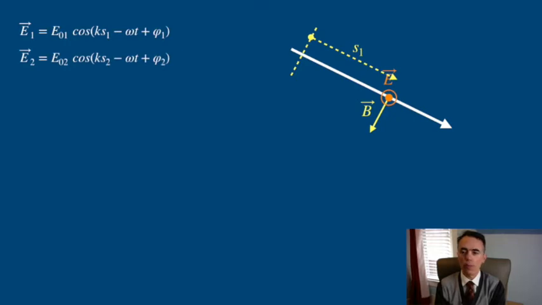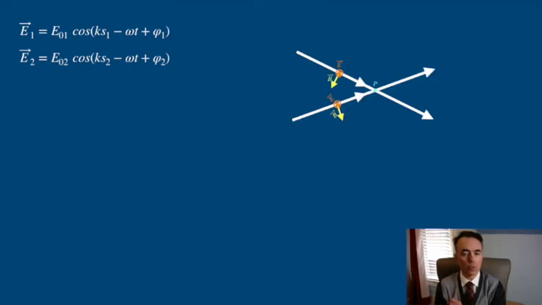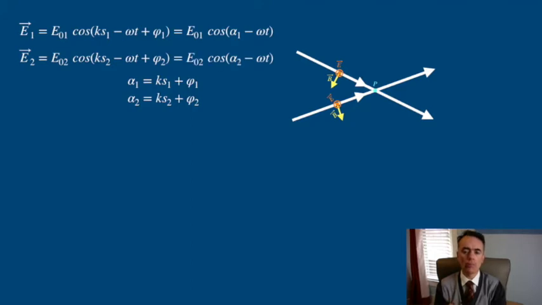The same for the second wave, E2 equals E02 cosine of (k s2 minus omega t plus phi2). To simplify the arguments of the trigonometric functions, I will call k s1 plus phi1 alpha 1 and k s2 plus phi2 alpha 2.